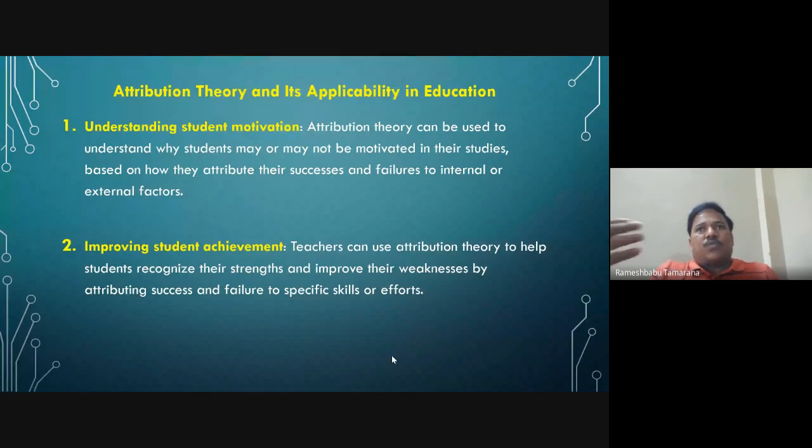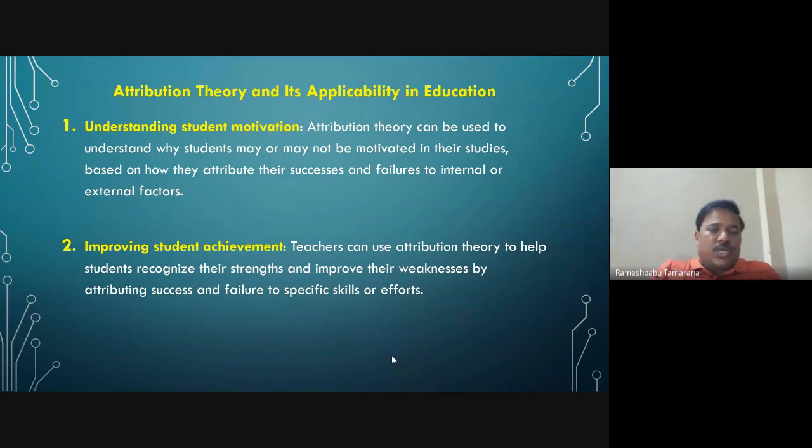For example, if one person failed in a particular subject, and the teacher is aware of it, they can talk to them, provide a mentor, and make them understand their strengths and weaknesses. If mentored in such a way that they focus on their weaknesses and work on that, then probably there would be success next time.